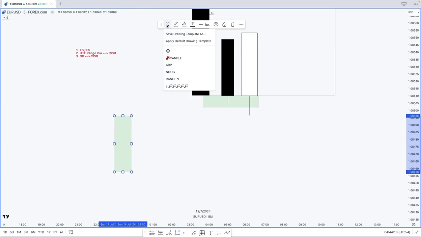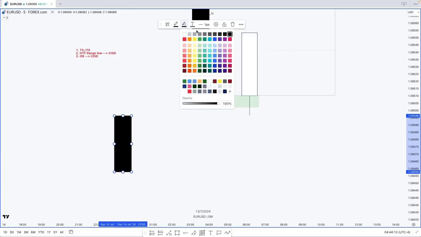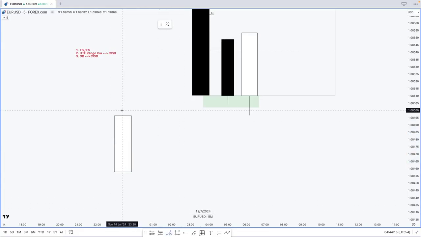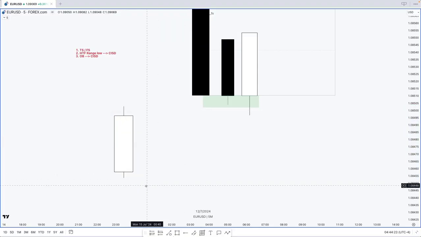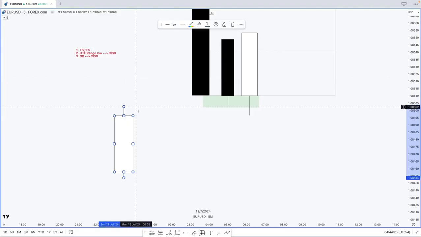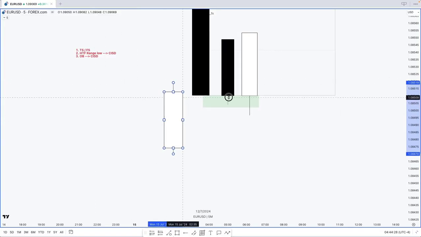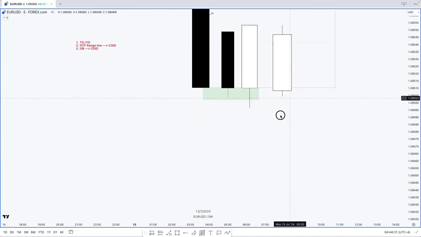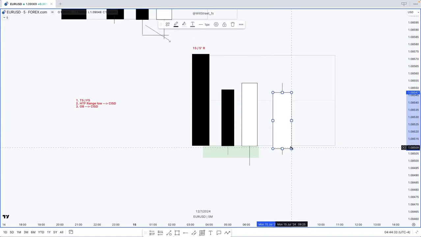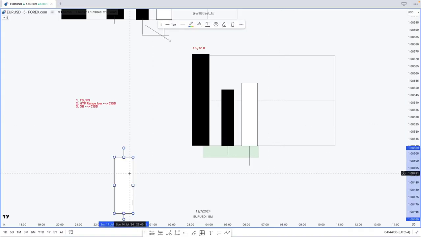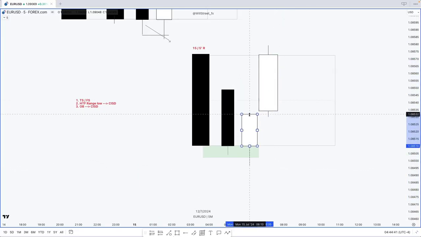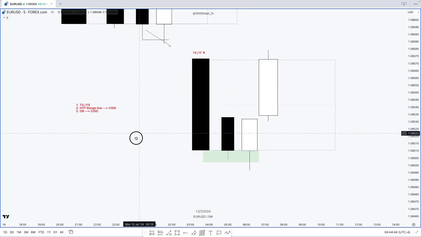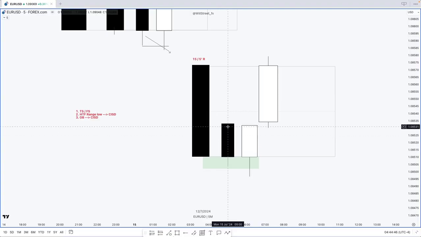Let's first make a candle, a bullish one, okay. So this is the order block because it is the last candle.